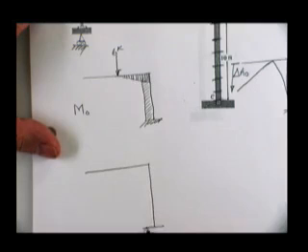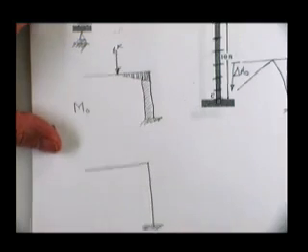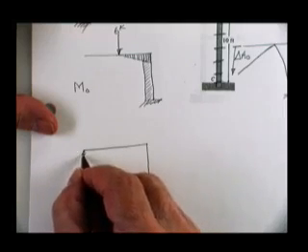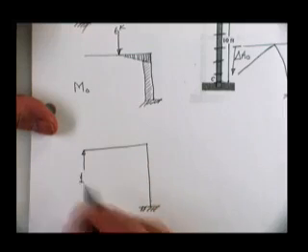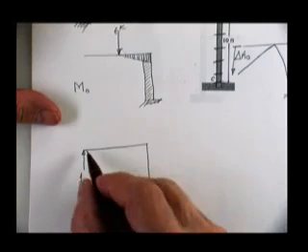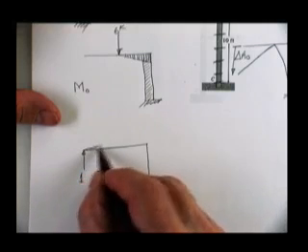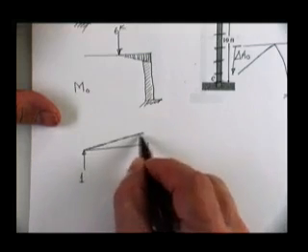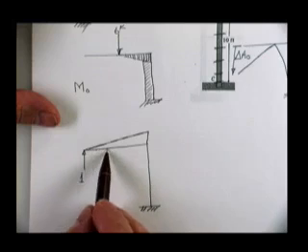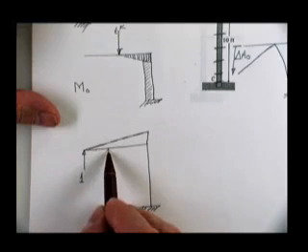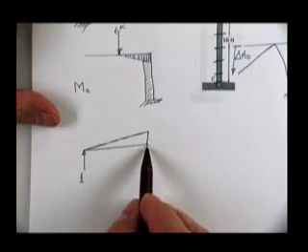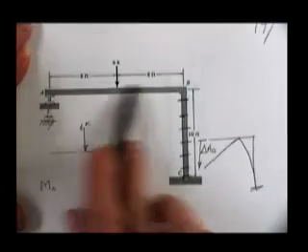Here is your structure without the loads shown on it. Here's where your problem is. Here's a 1. Here is the moment diagram. 1 times 1, 1 times 2, 1 times 5, 1 times 12, 1 times 15, 1 times 16.